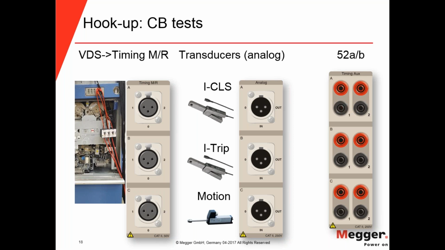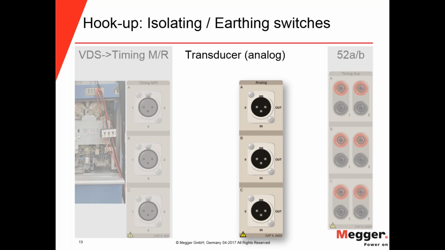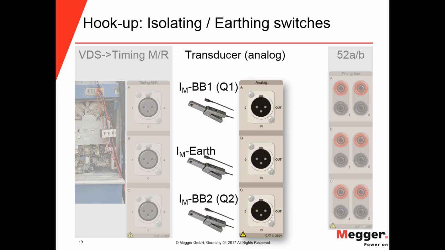When you do the testing of the isolator and earthing switches, you don't use the VDS interface, and not the auxiliary contacts either. You only measure the current of the motor for the disconnector to bus bar 1, the earthing switch, and the disconnector for bus bar 2. That's simple.